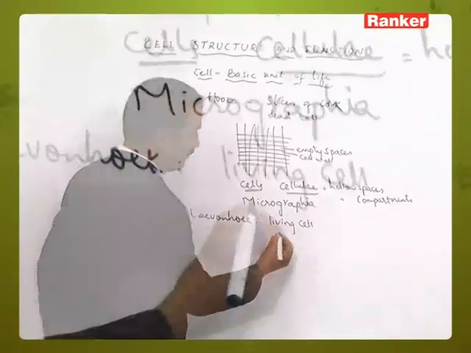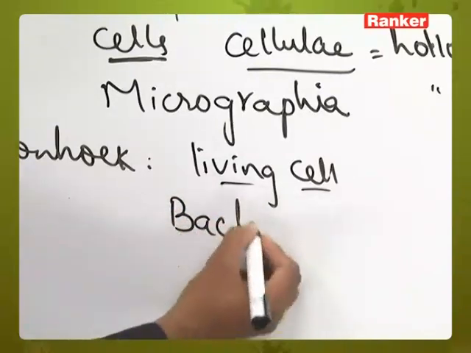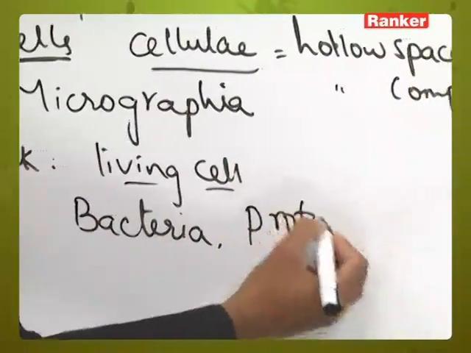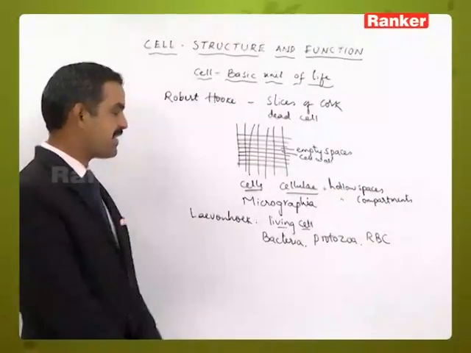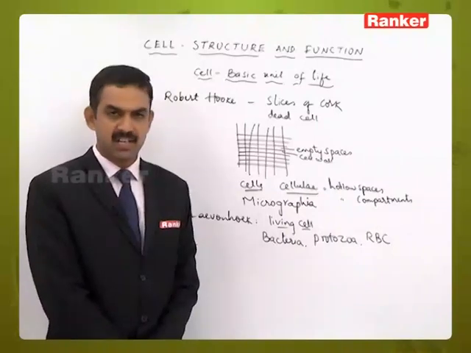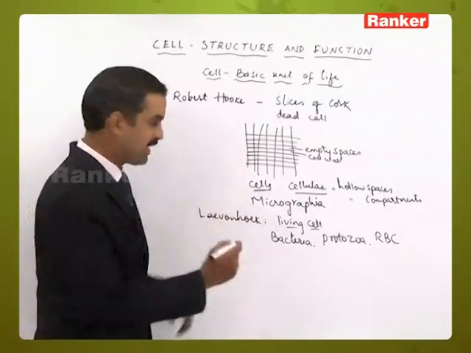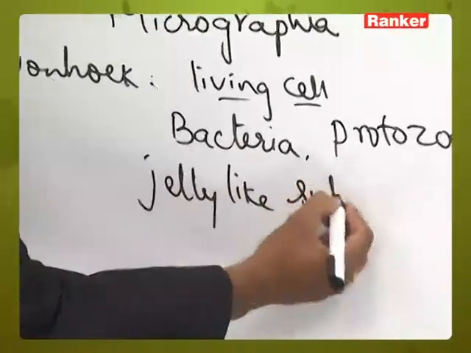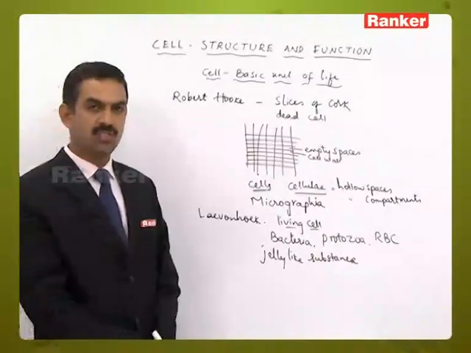The living cells studied by the scientist were bacteria, protozoans and red blood cells. When we say living condition, the cell contains protoplasm, a jelly-like substance present inside the cell. That condition is called the living condition of the cell.